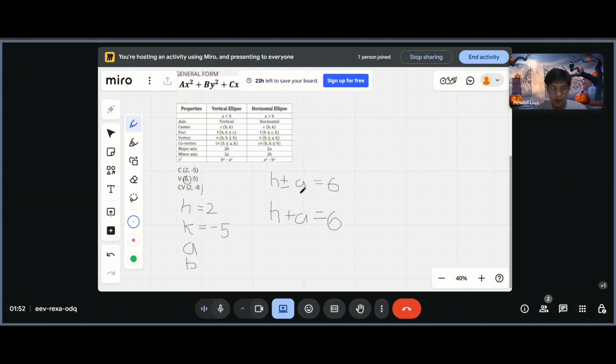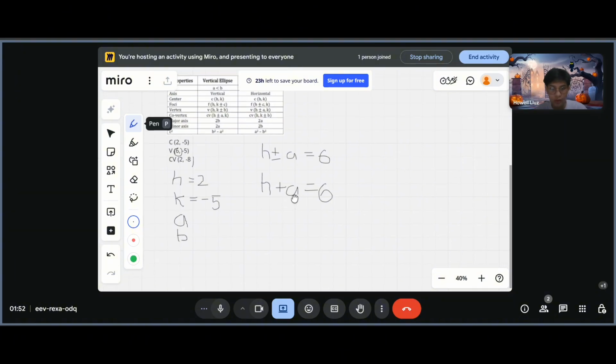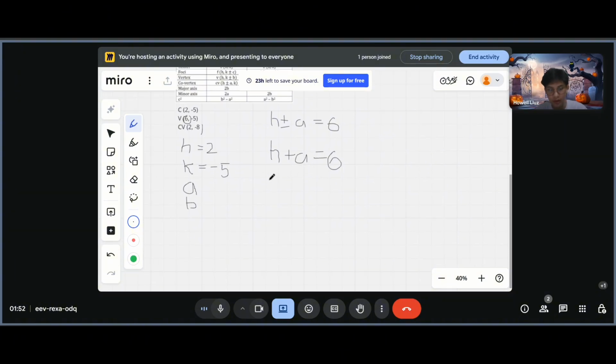The next step: we have the value of h, which is 2, so we're just going to substitute it. We have 2 plus a is equal to 6, which means a is equal to 4.